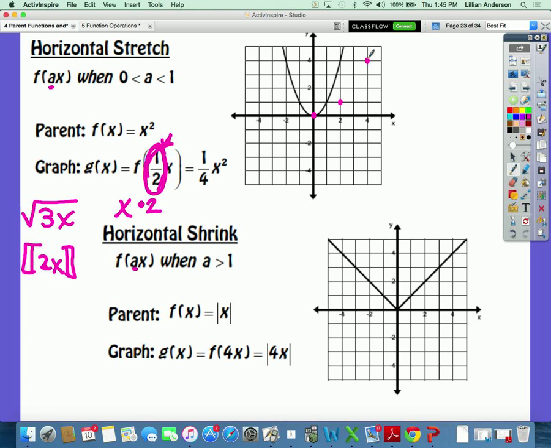So remember, all of my x's are getting multiplied by 2. And it's going to be the same thing on the other side. Negative 1, 1 will become what? Negative 2, 1. And negative 2, 4 will become negative 4, 4.